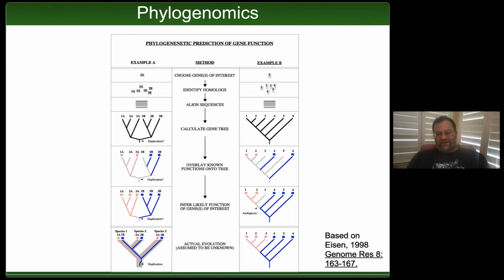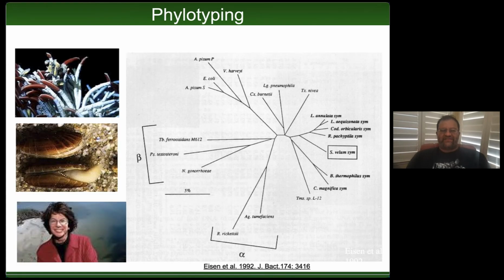And I called this phylogenomics, for better or worse. I coined a new word and called it phylogenomics, and it's been with me ever since.